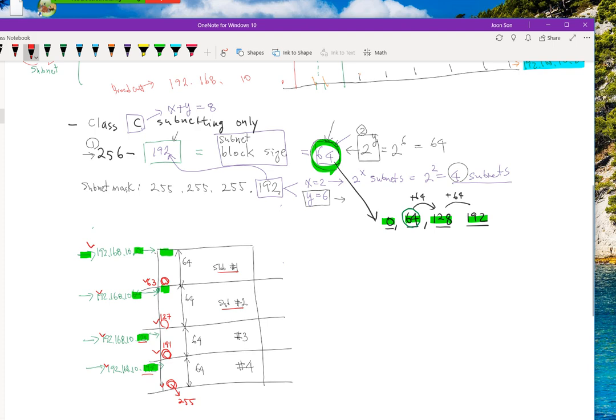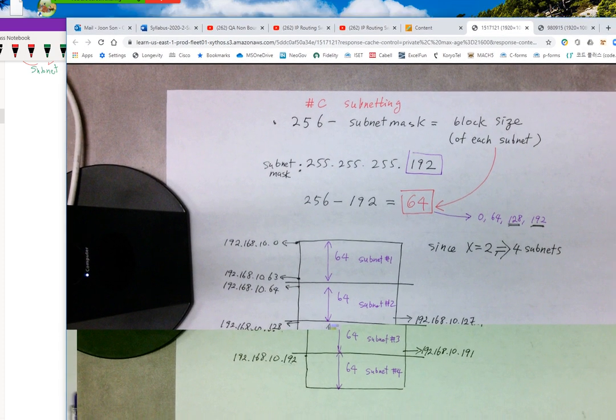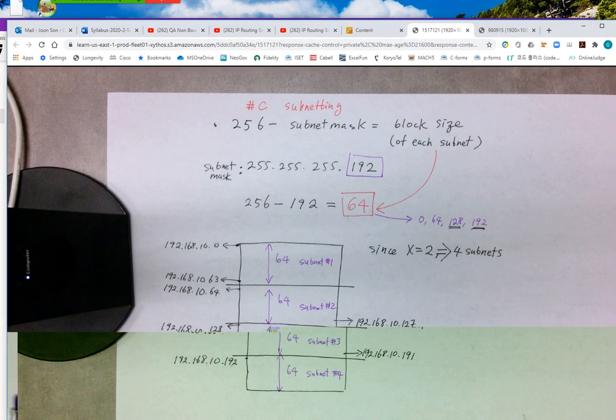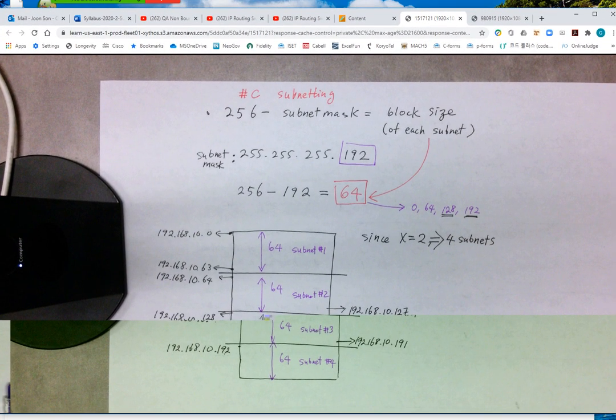This picture is basically this. Any questions?